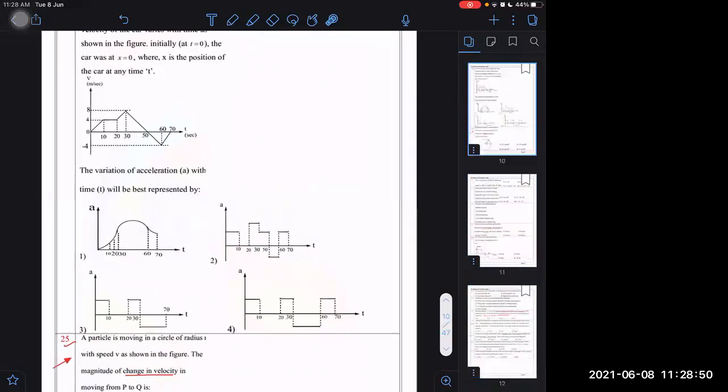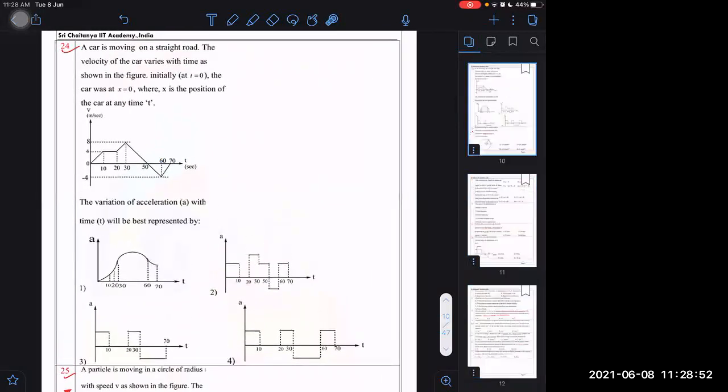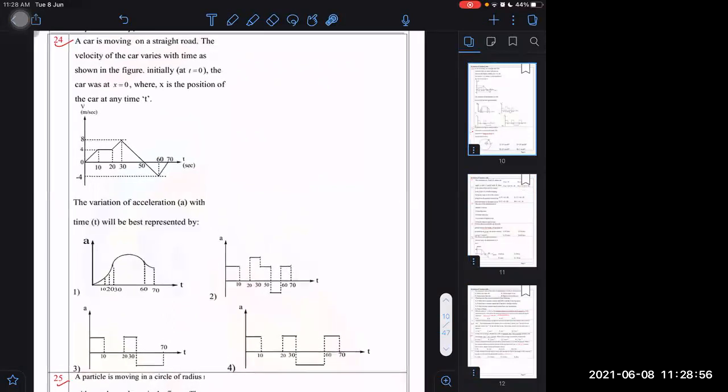Question number 24. Can we do this one? Please read the question once. Take some time, after that I will explain.